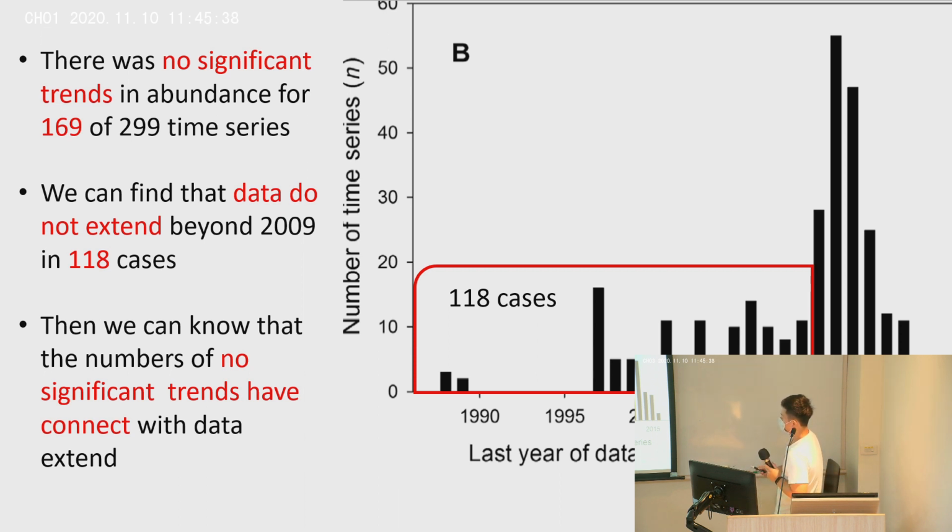The red area is data that do not extend beyond 2009, totally 118 cases. We can know from this figure that the number of no significant change is connected with data extent.